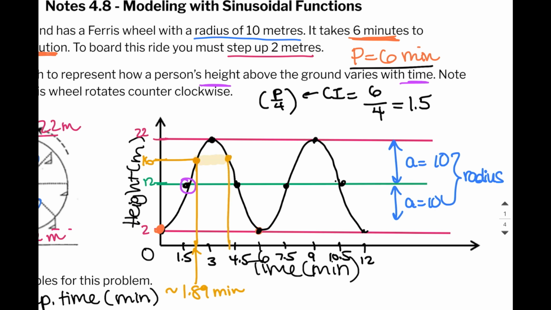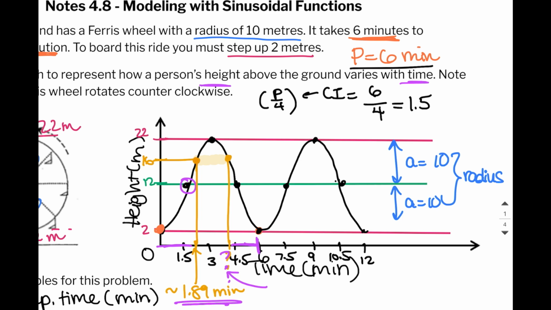Now there's two different ways that we can figure out what this answer is. The first way is to logic our way through this. If we know that this is 1.89 minutes from the start of a cycle, then this value right here must be 1.89 minutes from the end of a cycle, because this is symmetric.